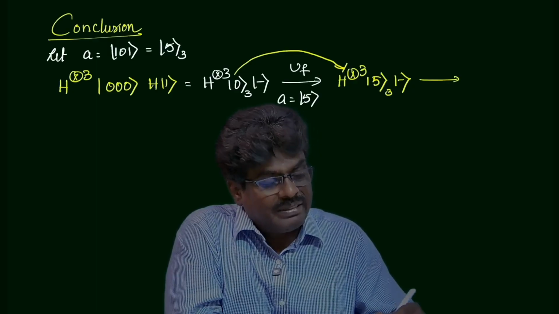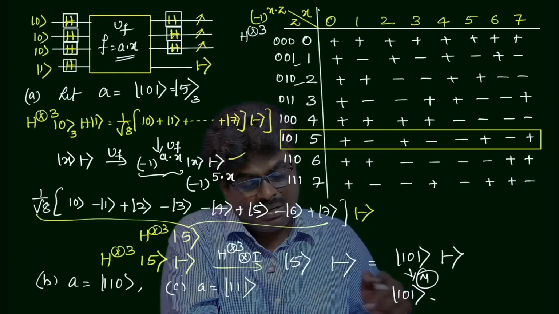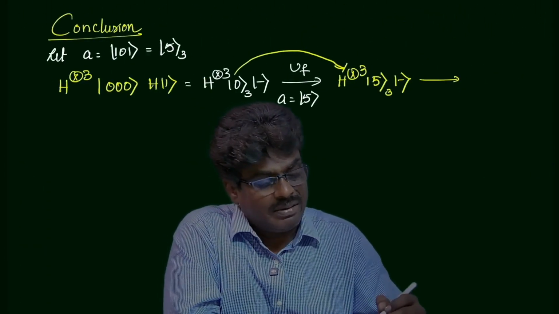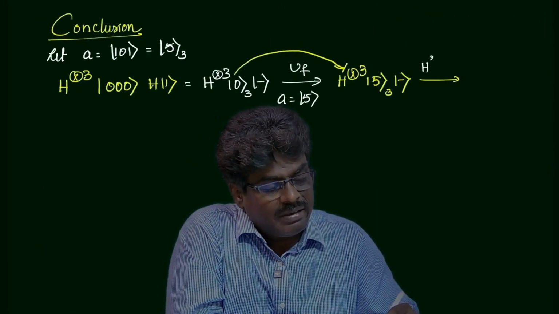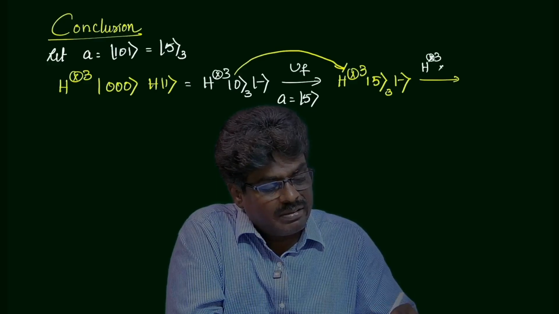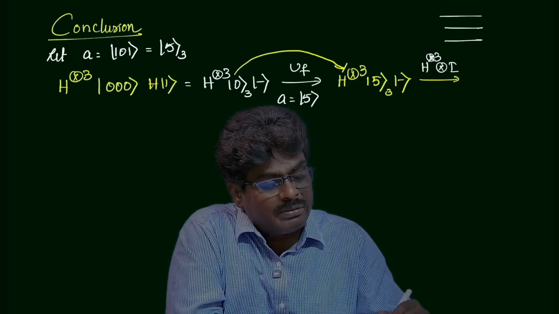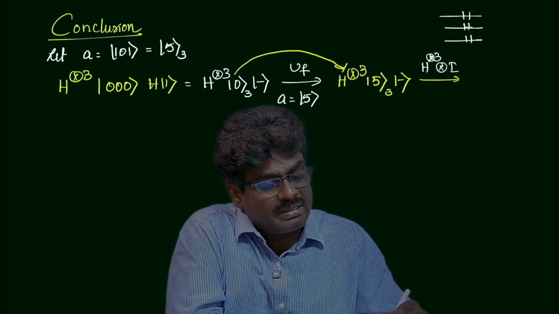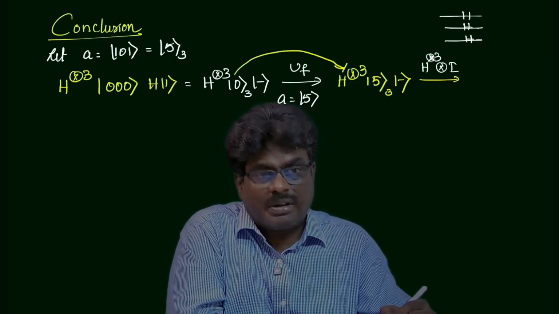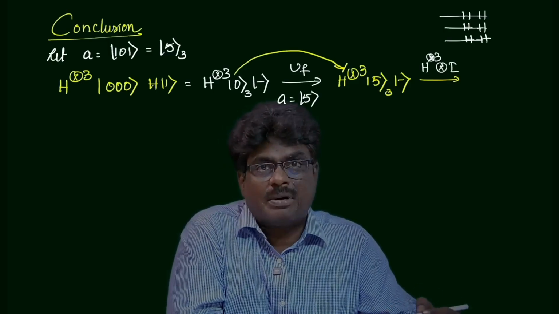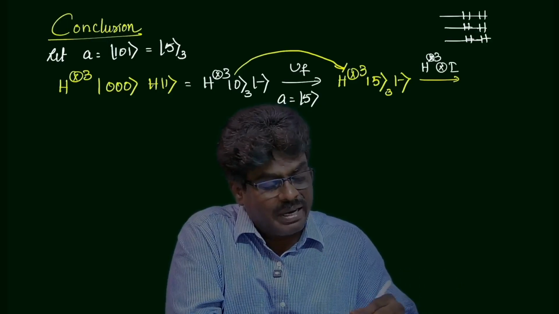And after that, the final operation, this one, again you have to consider H tensor 3 tensor I. Okay, so already we have 3 Hadamard operations here due to that oracle function. After that, again you are applying 3 more parallel Hadamard operations. So that's why you'll get identity.